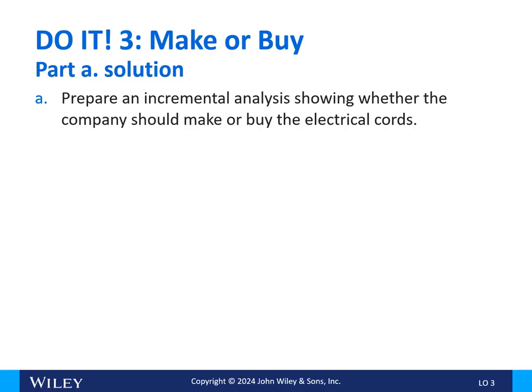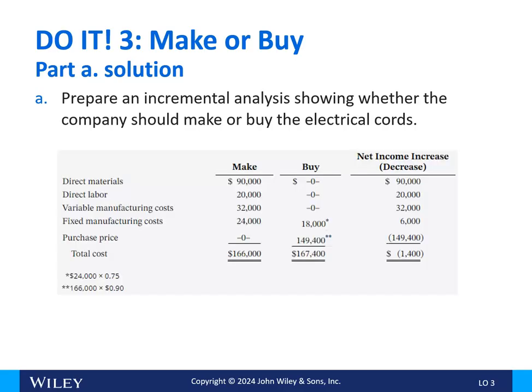So we'll do our analysis. Again, we have our make column and buy column. So $166,000 total cost for making. Our buy column has purchase price of $149,400, which is the 166,000 cords times 90 cents.